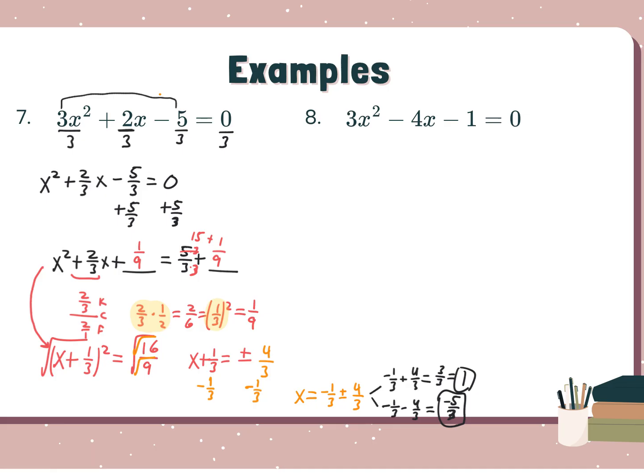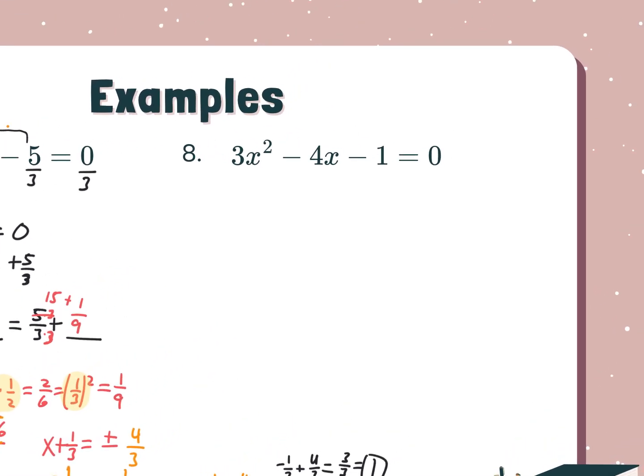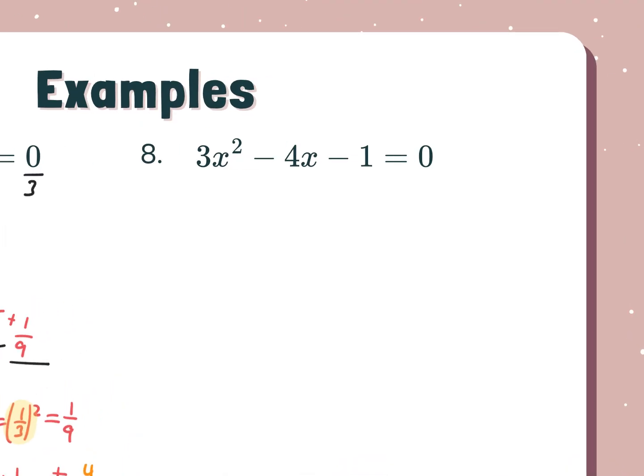All right, so I'll try one more just for the sake of finishing our lesson. I know it was a little challenging, but let's try the exact same thing. I'm going to divide everything by whatever's in front of x squared, I don't want anything in front of it, so I'm going to divide everything by 3.